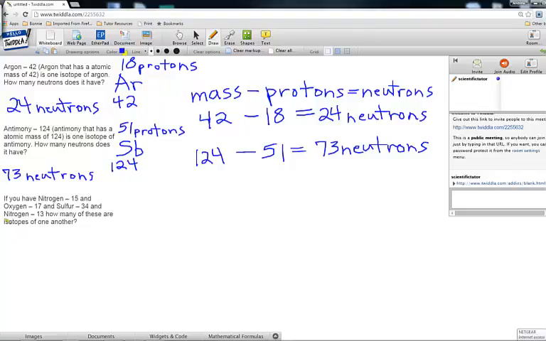The only two that have the same number of protons are the two nitrogens. An element will always have the same number of protons if it's the same element. Therefore, nitrogen 15 and nitrogen 13 are isotopes of one another.